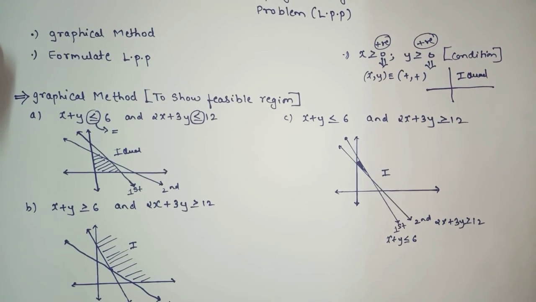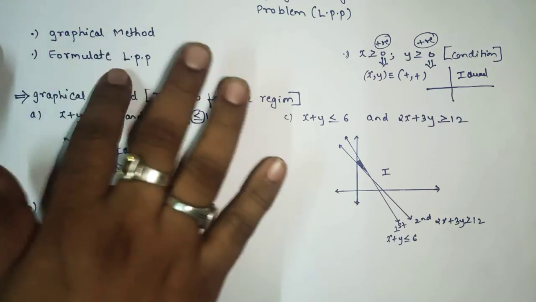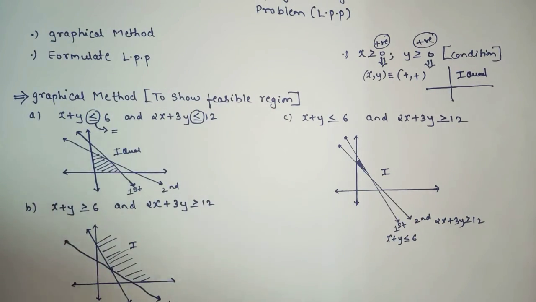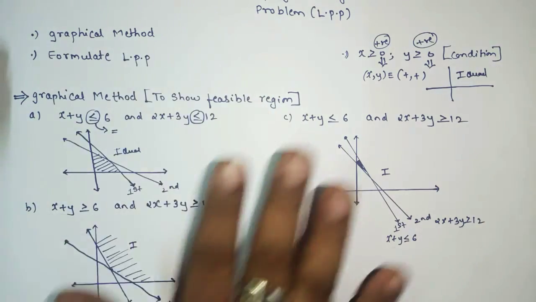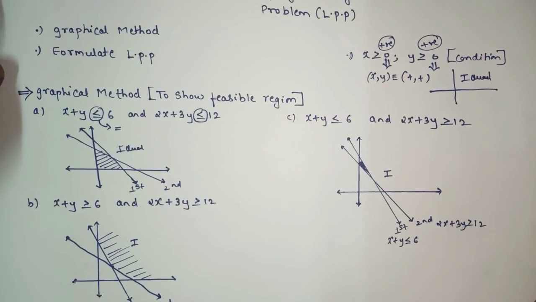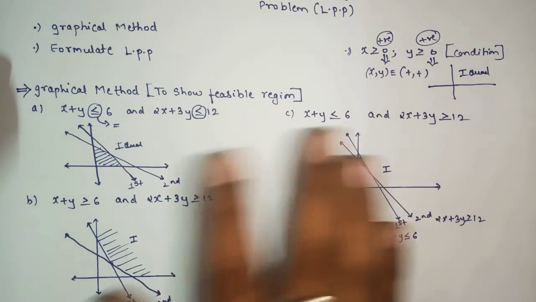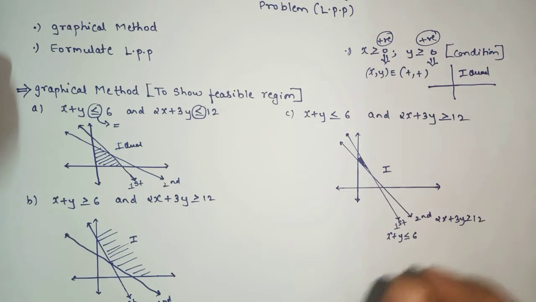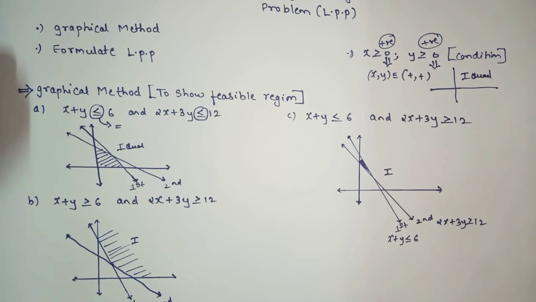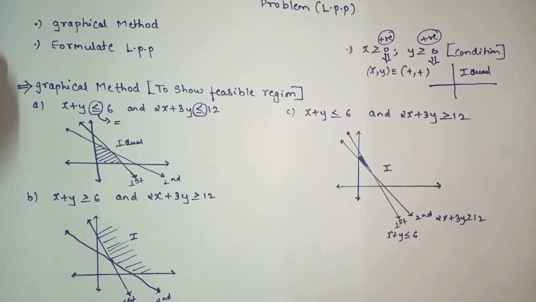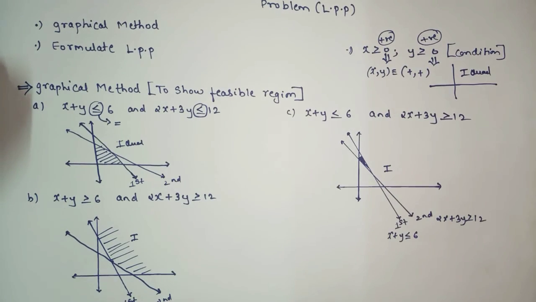Formulation is very simple, just read and understand the question and frame the equation. That's it. And the graphical method is very important, as each and every sum in the exercise is a proper 4 mark sum, not less than that. So these are the points which you have to remember.